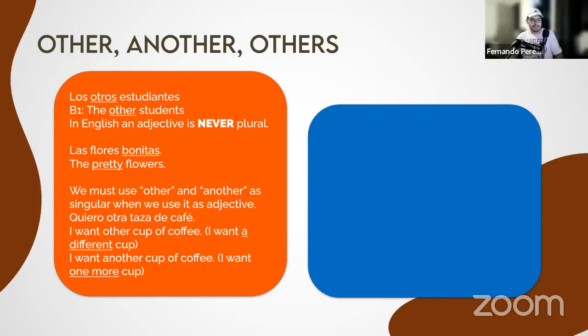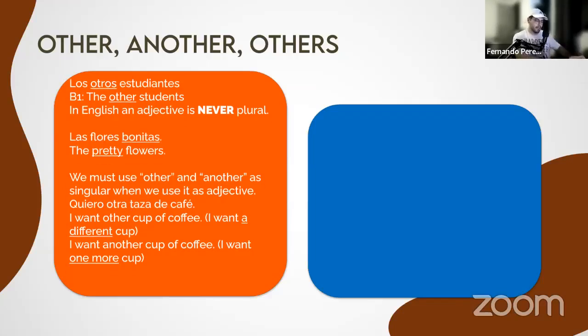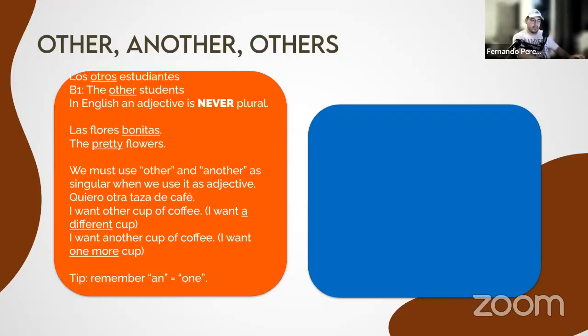I know. What you can use to feel more familiar with this is like the tip here. Remember, an is similar to say one. When you say an iPhone, it's similar to say one iPhone.